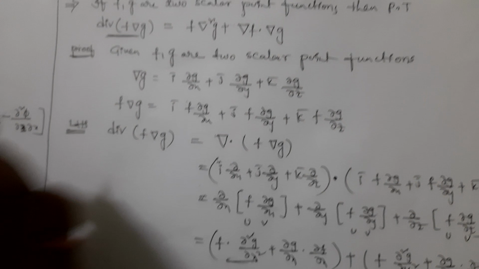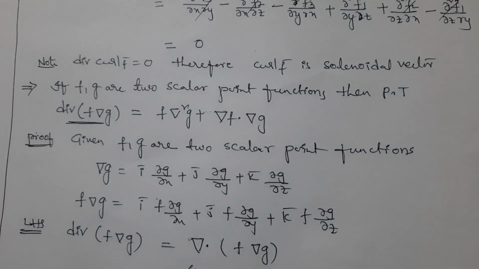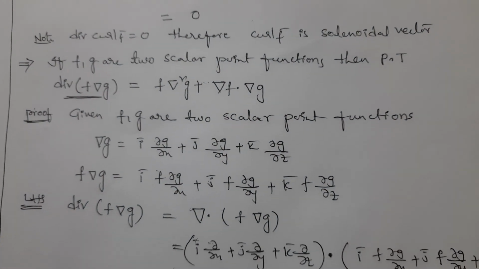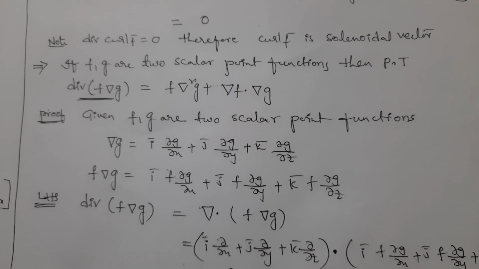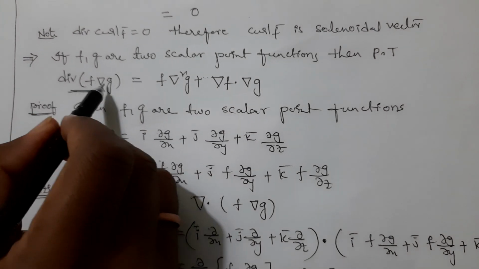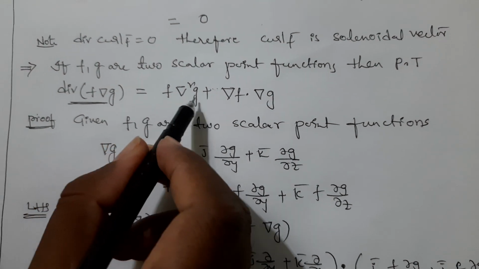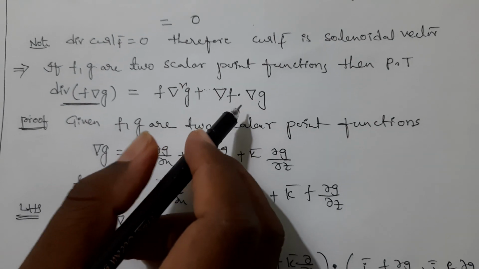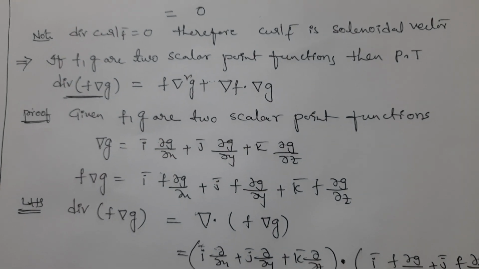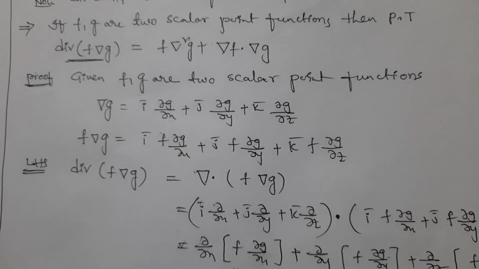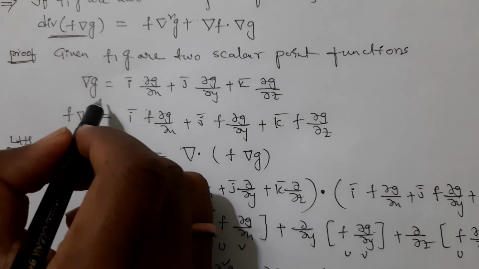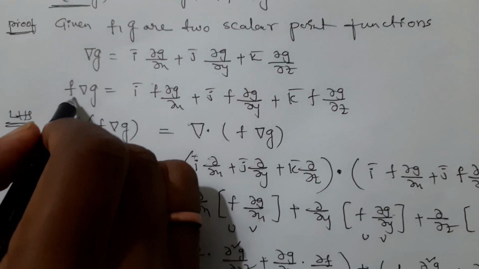If f comma g are two scalar point functions, then prove that divergence of f del g is equal to f into del square g plus del f dot del g. First write del g value, multiply with f.